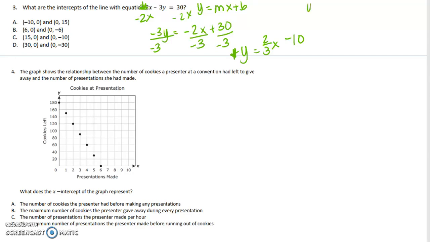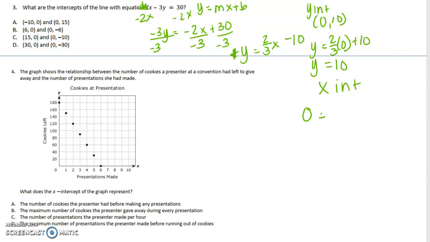In order to find the y-intercept, we plug 0 in for x. So if I plug 0 in for x and solve, y is equal to 10. In order to find the x-intercept, we plug 0 in for y, and we solve.